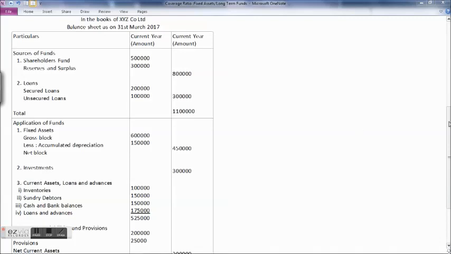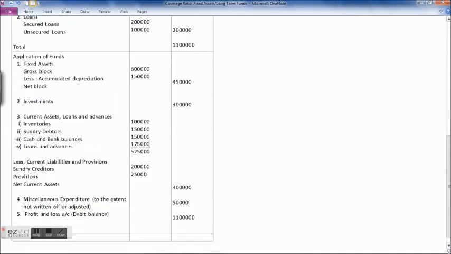Then investments of 3 lakh. Then current assets, loans and advances of 1,75,000 less current liabilities and provision, so your net current assets or working capital comes to 3 lakhs. Then miscellaneous expenditure to the extent not written off is 50,000.